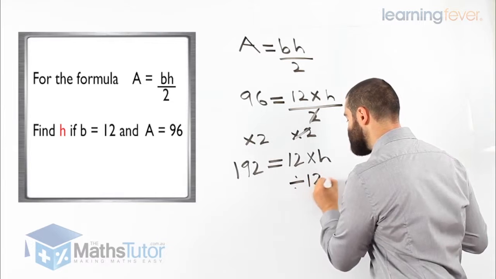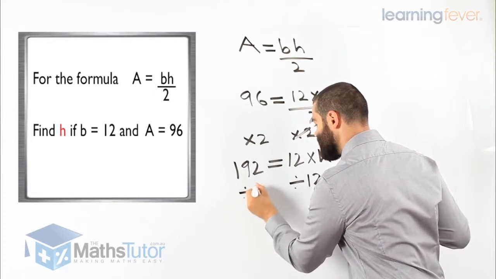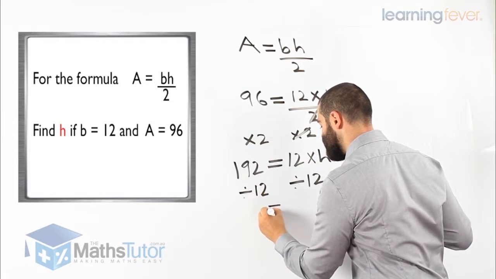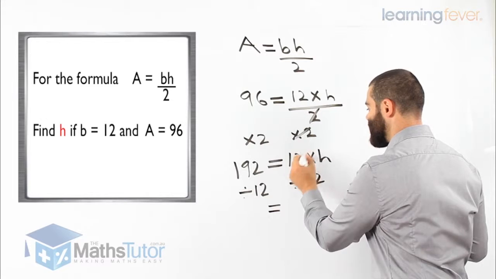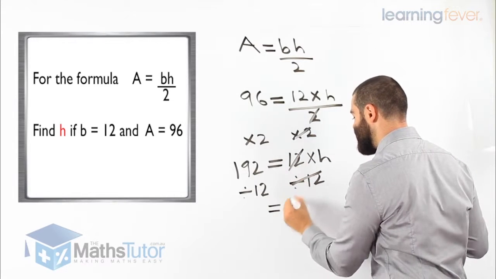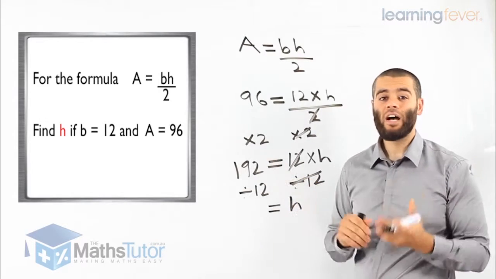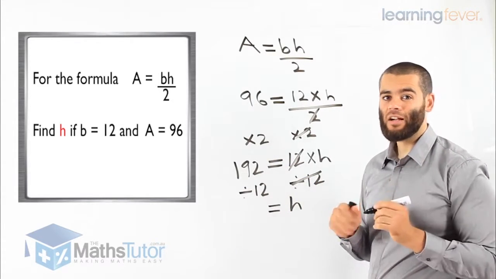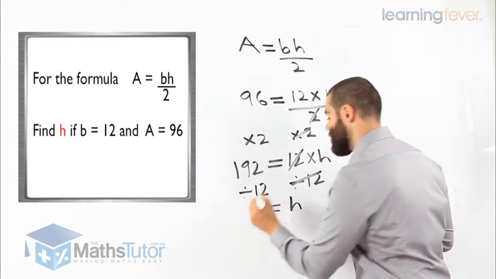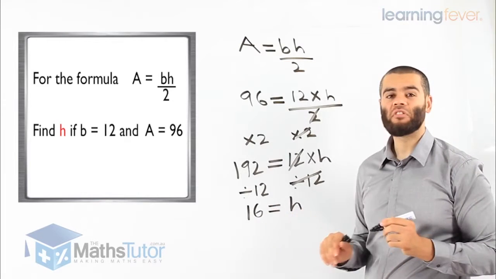Divide by 12 on this side, and we divide by 12 on this side as well. 12 divided by 12 is gone. We're left with H, and 192 divided by 12, you can grab your calculator, you should get 16. H equals 16.